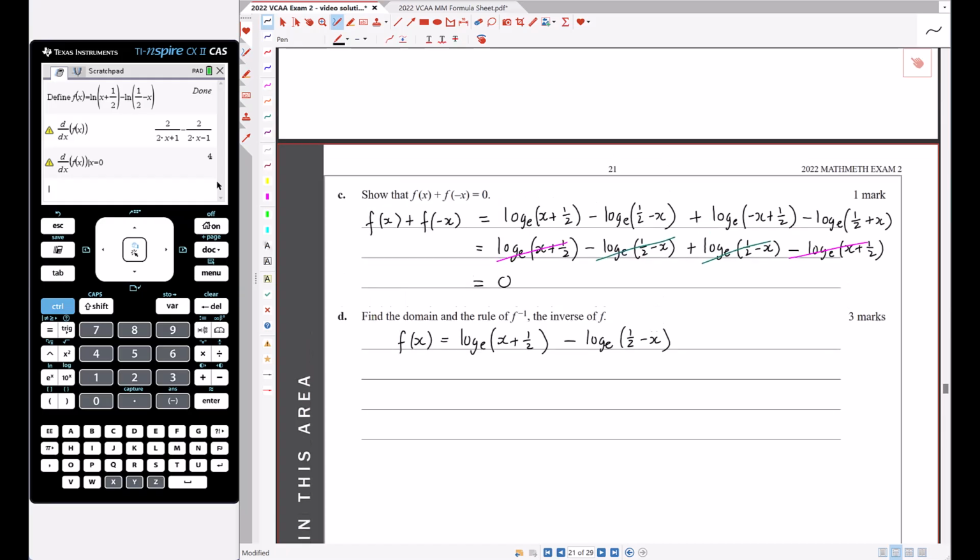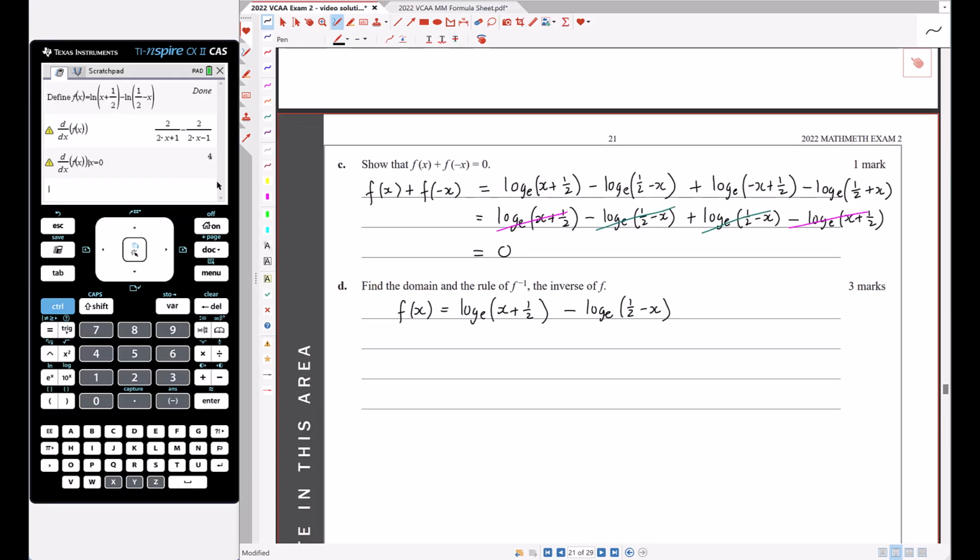Now we're either going to do this now or later, but I'll do it when I find the inverse. So we're going to let f of y equal x for the inverse. So we're going to have log e of y plus a half minus log e of half minus y, and that's going to equal x.